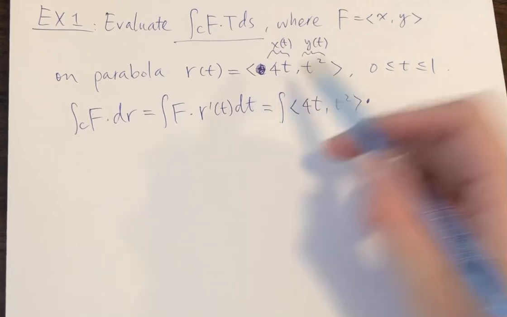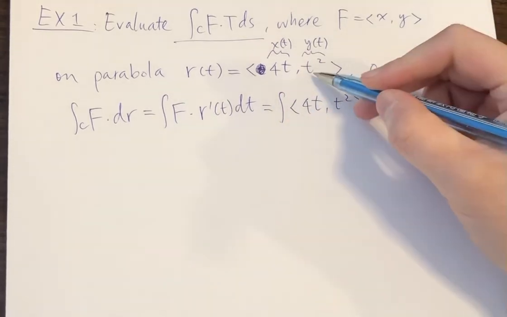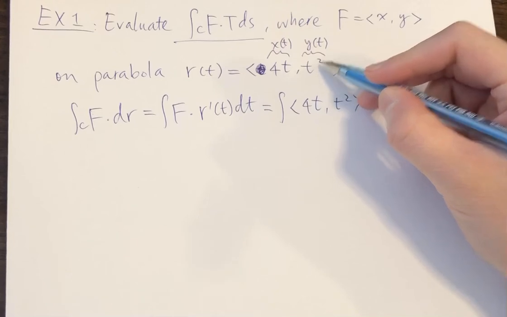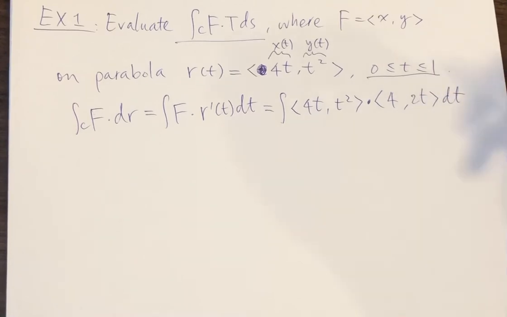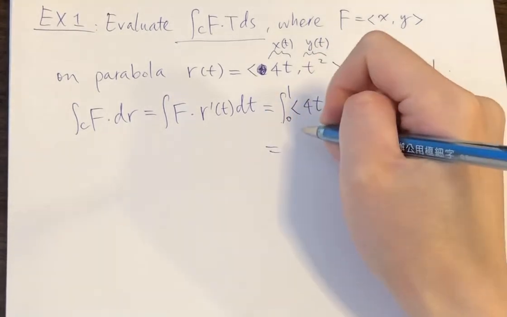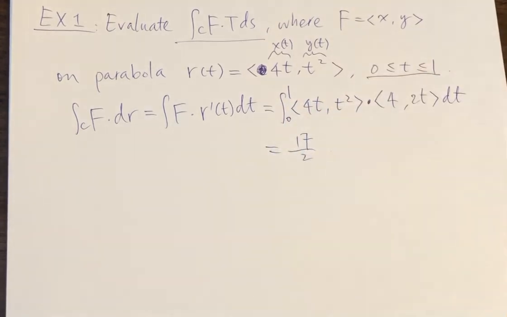The derivative of 4t is 4, the derivative of t squared is 2t. And then dt, t is from 0 to 1. So that's also not bad either. And then I should give you the solution of this, which is 17/2. So you should work this out yourself. The algebra is good practice. Okay.